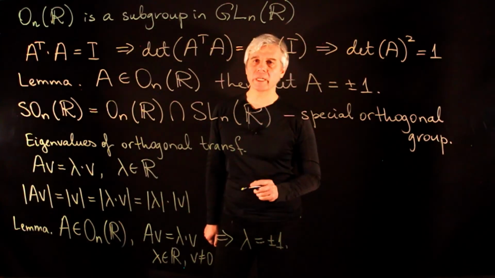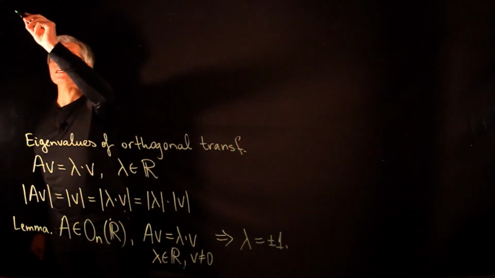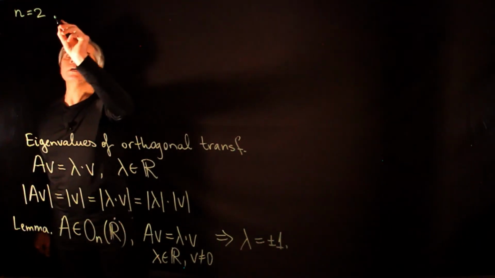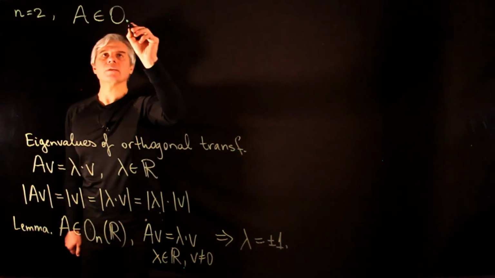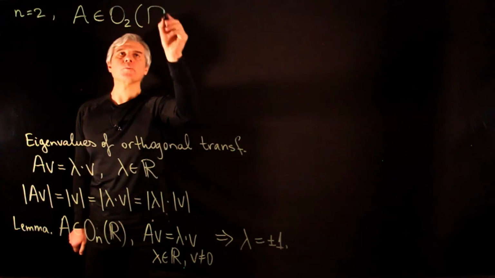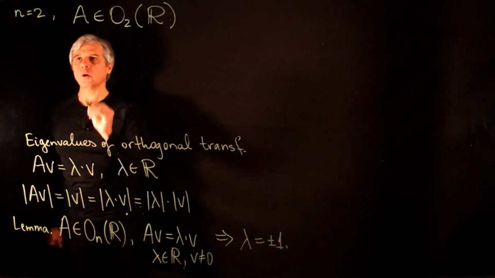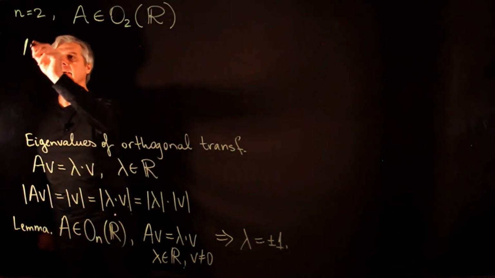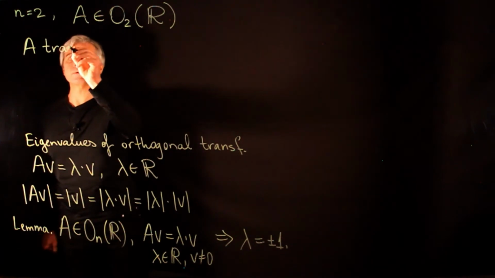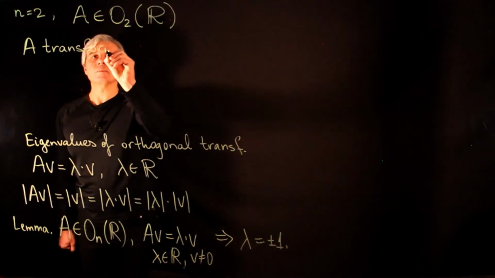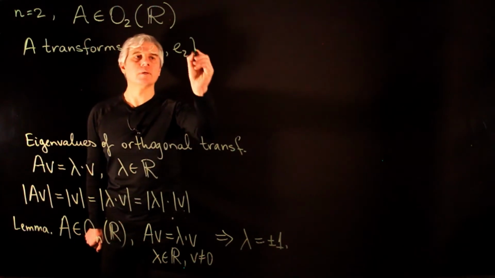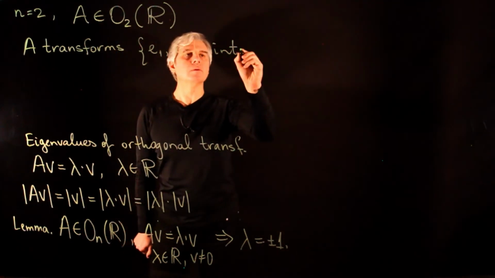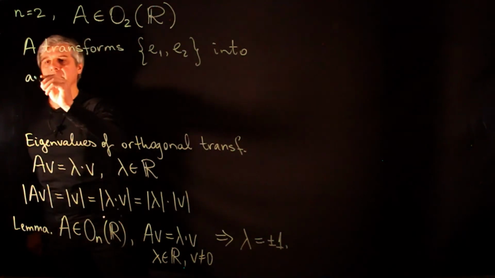Now let us look at orthogonal groups in low dimensions. Let us look at the case when n is equal to 2, and suppose A is a matrix in the orthogonal group O_2(R). According to our proposition, A transforms the standard basis E1, E2 into an orthonormal basis.